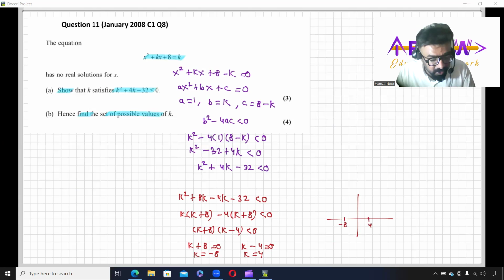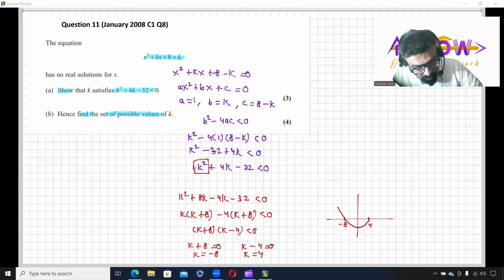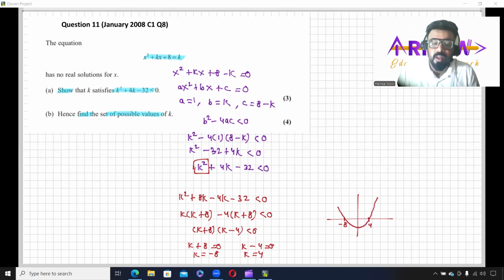As we can see, the coefficient of k square is positive, meaning the quadratic graph will be a U-shaped quadratic graph, with a least turning point. All right, and then according to the inequality, the region below the horizontal axis would be shaded.